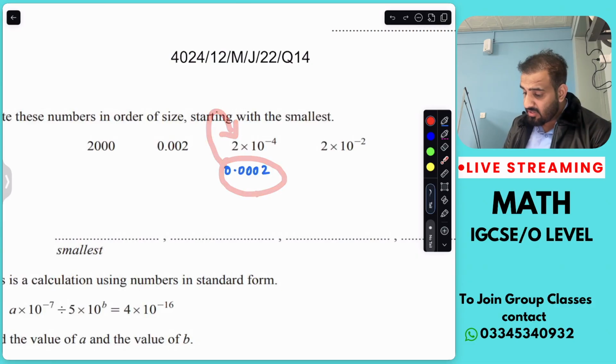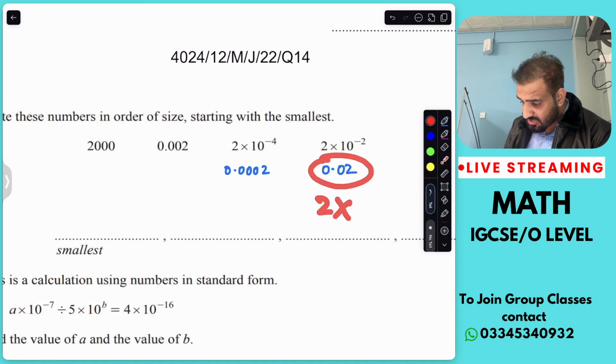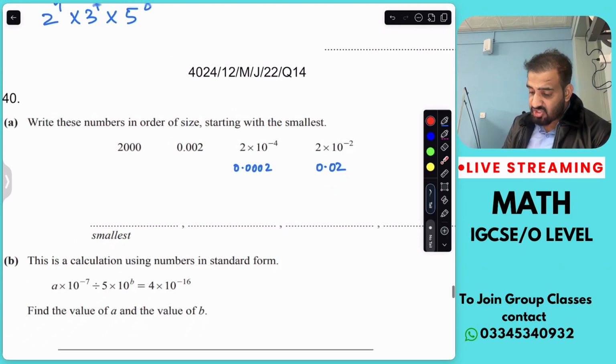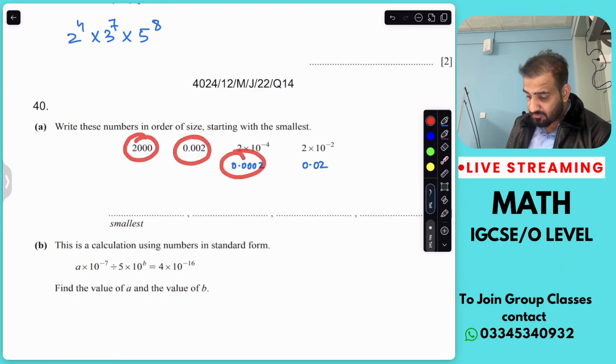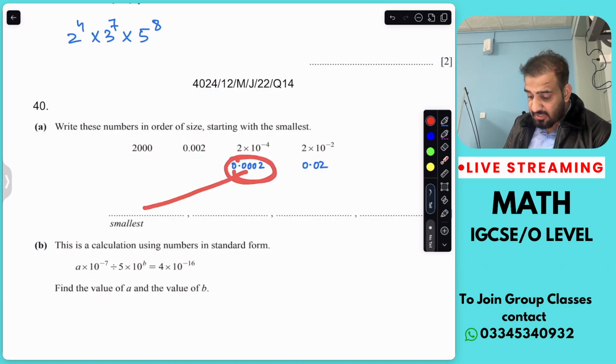Now let's write the ordinary form of this. Is it 0.02? That's it. If you make the standard form, 2 times 10 to the power of 1, 2. Yes. So which is the smallest number among these four? This is the smallest number, but never write that number here.